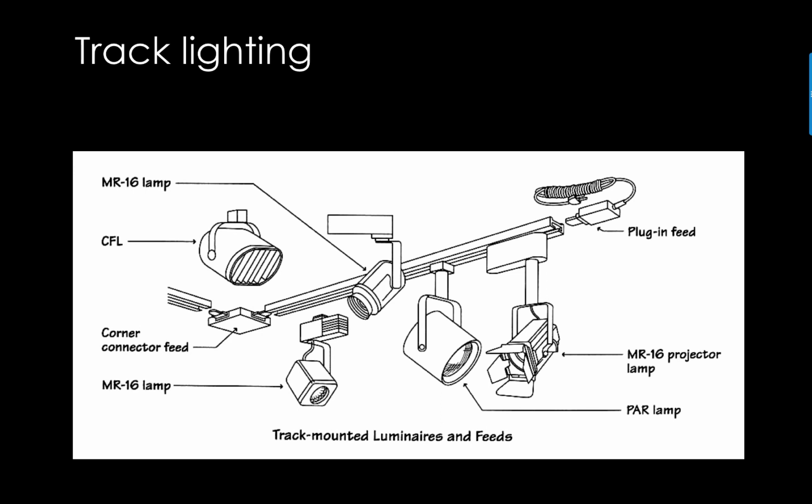Track lighting is one type of luminaire system where there are a lot of options, and it's actually great for things like retail or museums where you need a lot of adjustability. Typically, you have a lot of these gimbal ring fixtures, but also wall washers, projectors, all sorts of stuff, and they can be controlled individually and as a group.